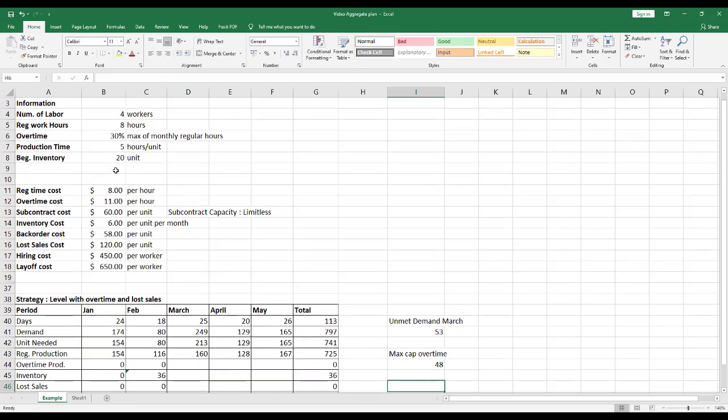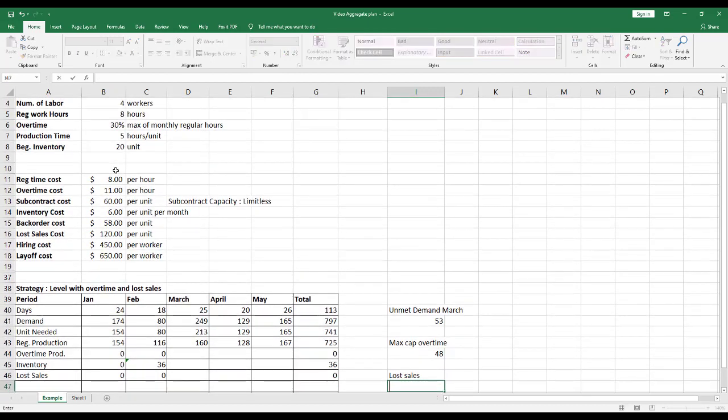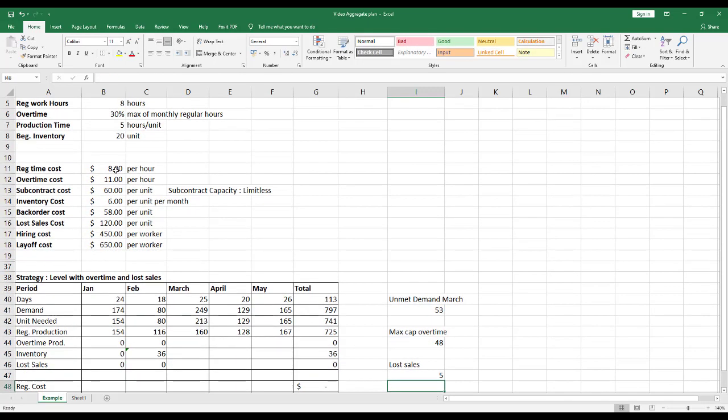Still, there is an unmet demand or lost sales, because the unmet demand is bigger than the max capacity overtime. And we just enter the number like so.